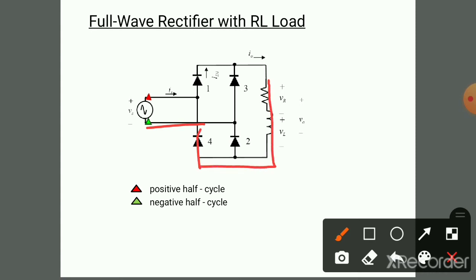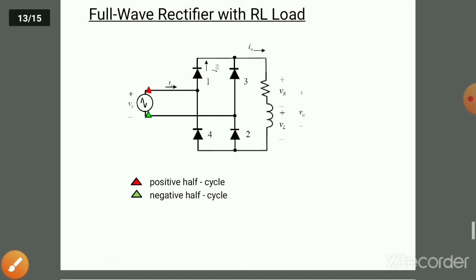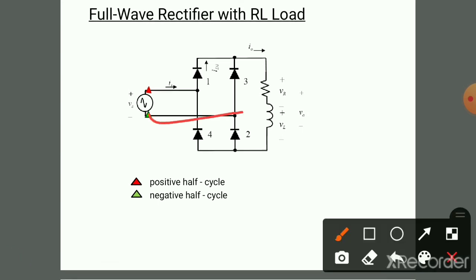In the negative half cycle the current flows through diode D3, then goes towards the load, then through diode D4 it goes back here. This is the flow of current in case of RL load also.